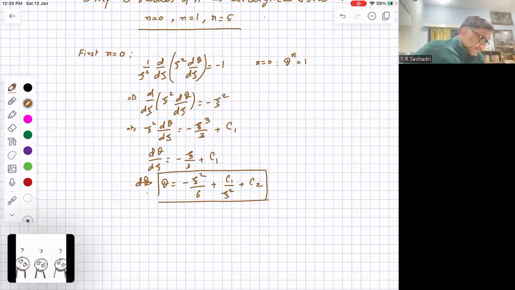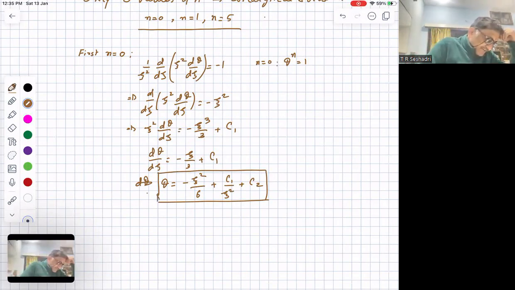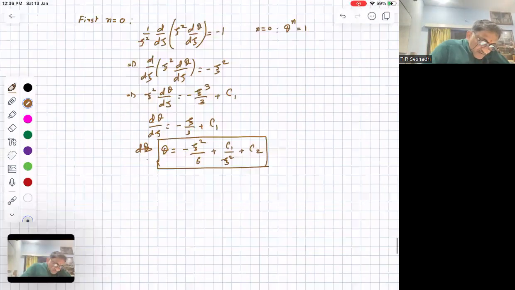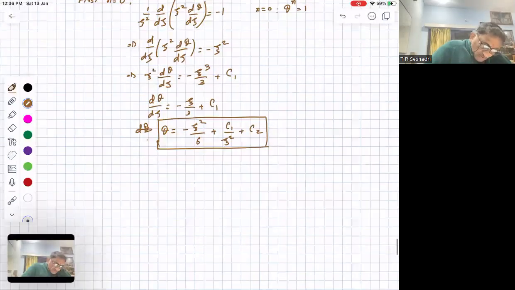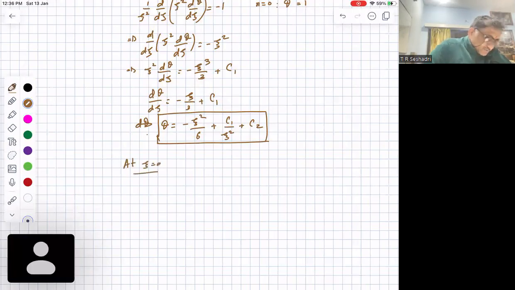Fine. So now, let us solve this. Remember that I have yet to use the boundary condition. It's just this solution I have used. So now let us see what happens at xi equal to 0.